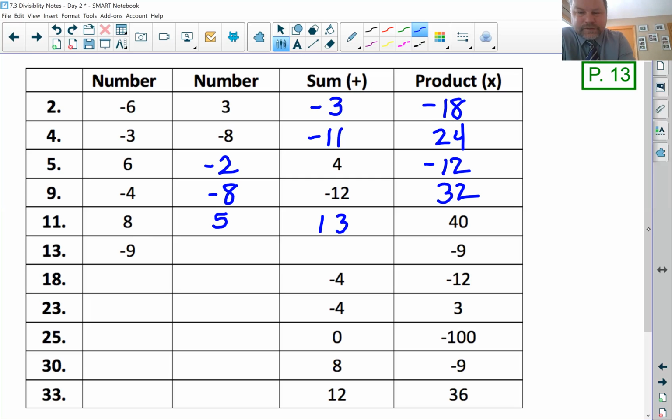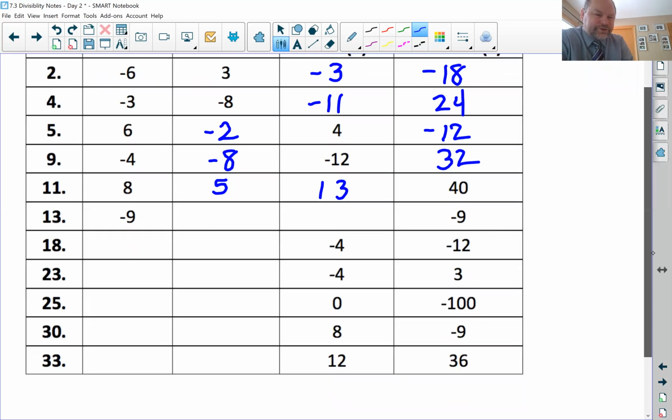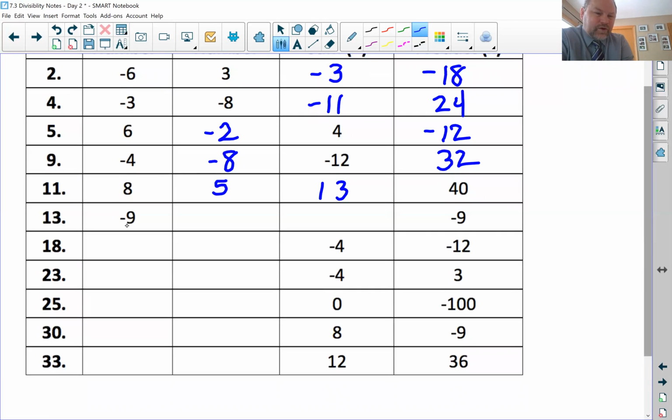All right, maybe the most difficult question here. What number do I multiply by -9 to get -9? Or what is -9 divided by -9? Go ahead and shoot me an answer through the chat.